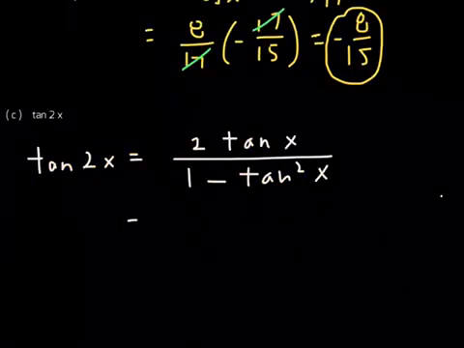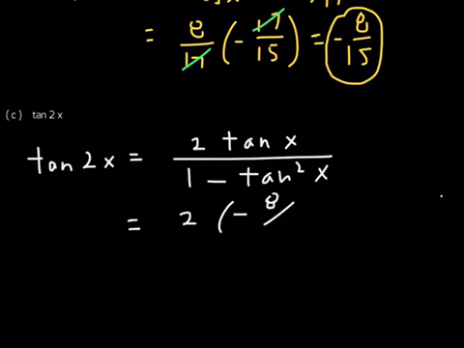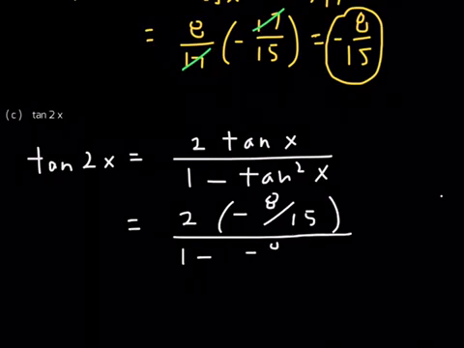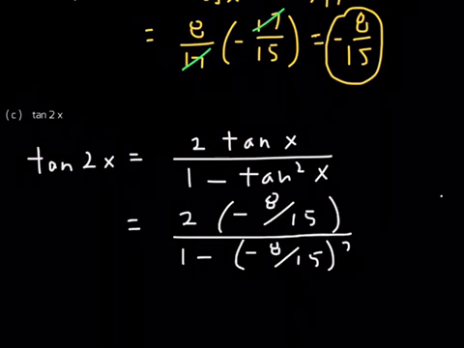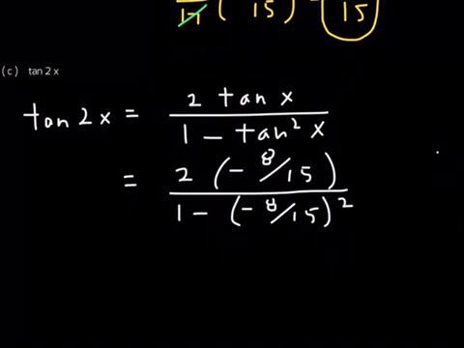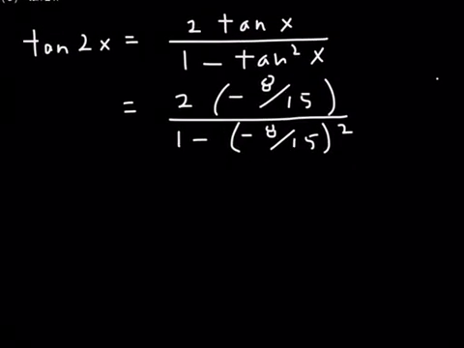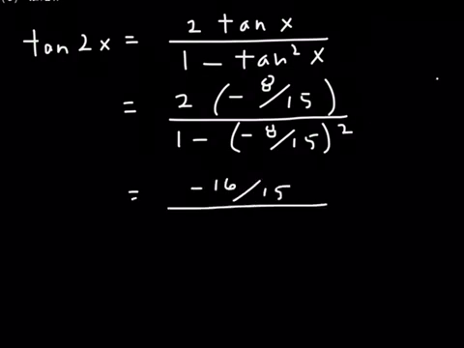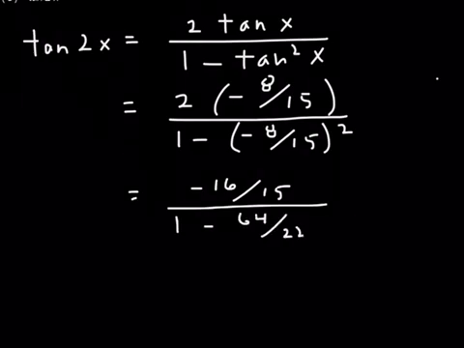So then this is 2 times negative 8/15 over 1 minus negative 8/15 squared. Okay? So at this point, it's just some arithmetic, folks. So this is equal to negative 16/15 over 1 minus 64/225ths.